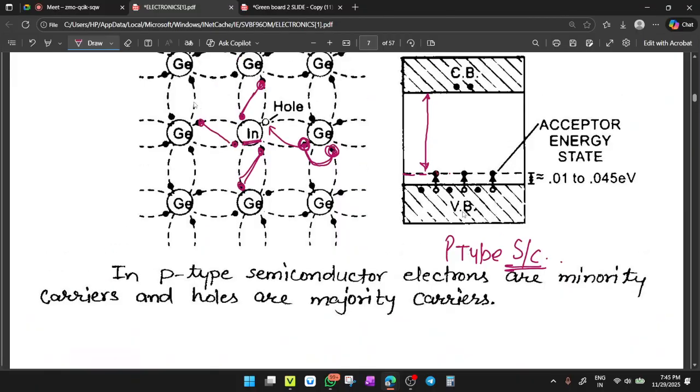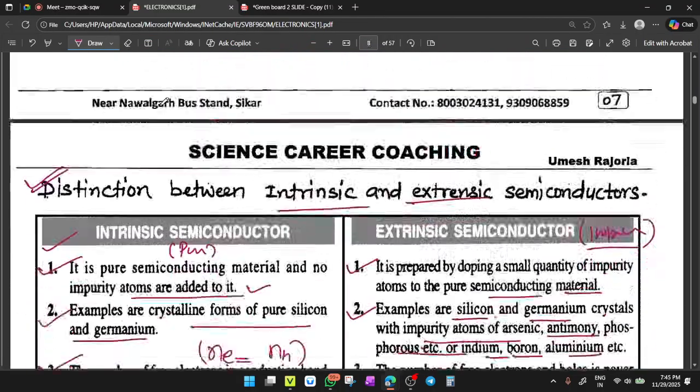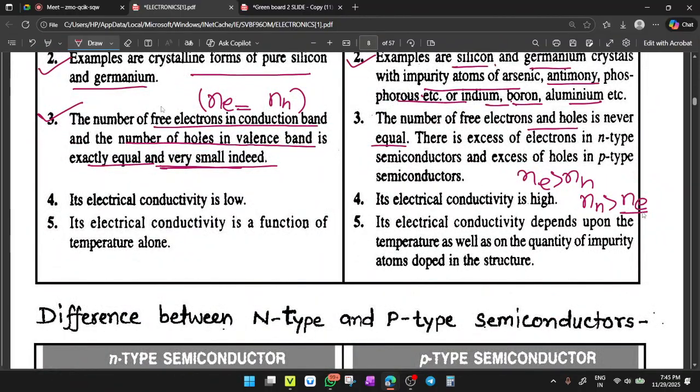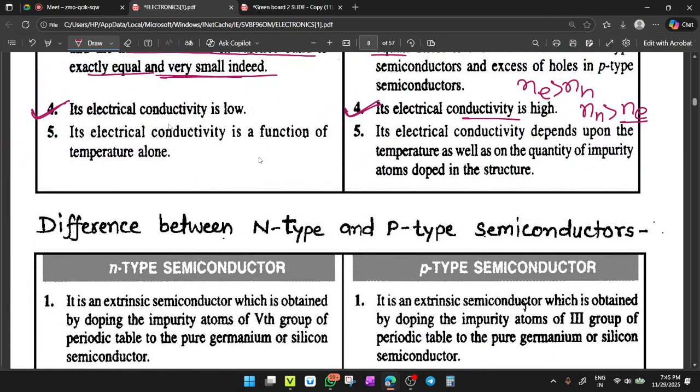Yes. So the number of holes is greater than the number of electrons in a p-type semiconductor. The intrinsic semiconductor's electrical conductivity is low, but after doping you get a semiconductor with high electrical conductivity. So the electrical conductivity of the extrinsic semiconductor will be high. In an intrinsic one, electrical conductivity is a function of temperature alone.